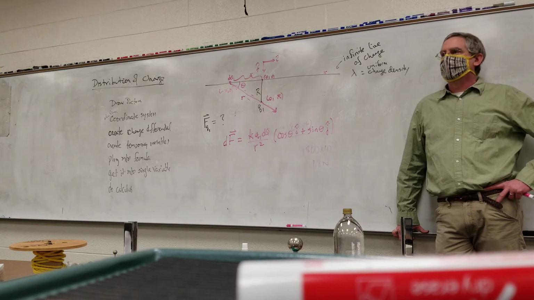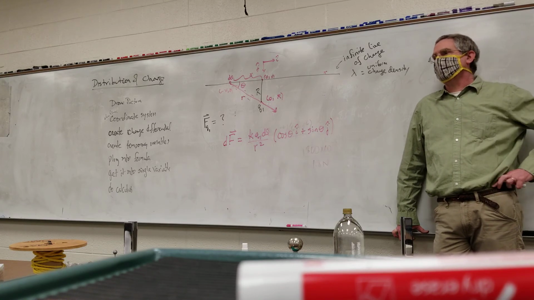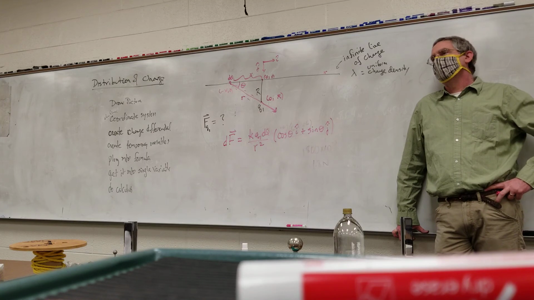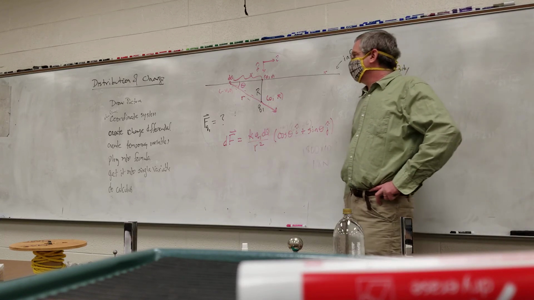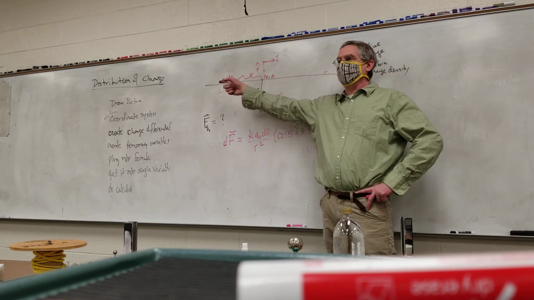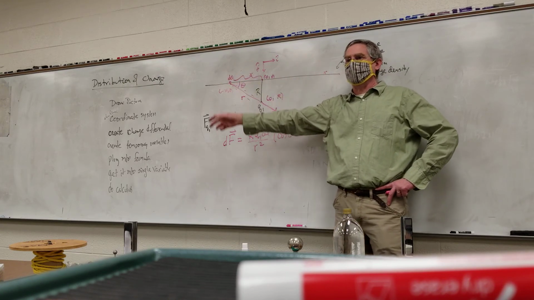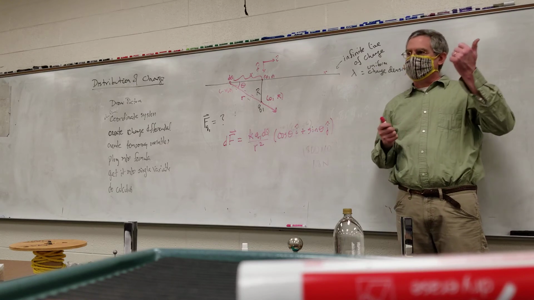Okay, so southeast. Why southeast? We have flipped our coordinates, but just in that general direction. I'm talking about the entire line. If we did all the dq's for the entire line, I got a couple people pointing downward.